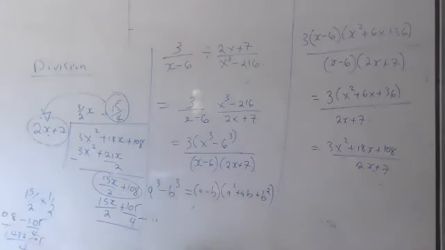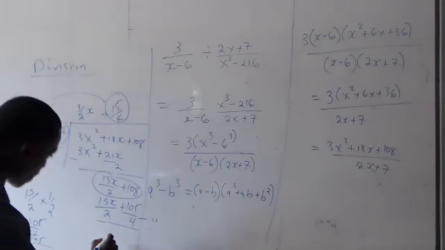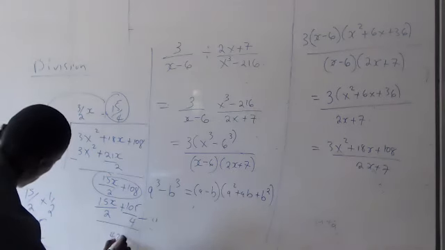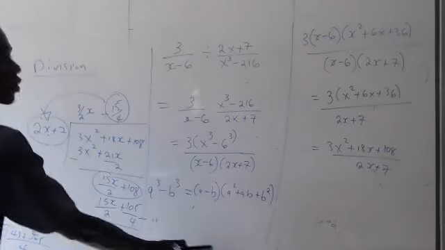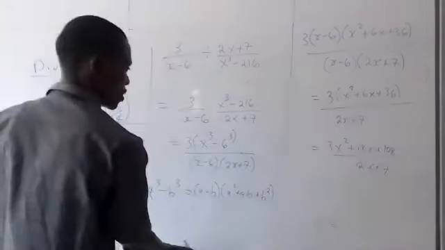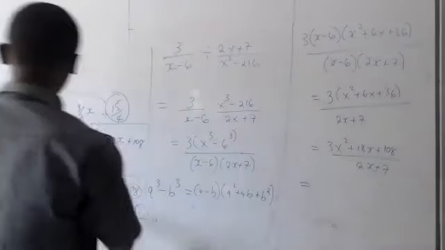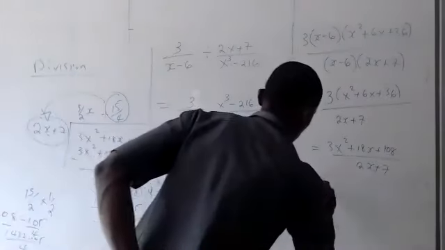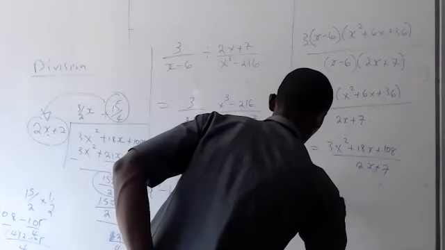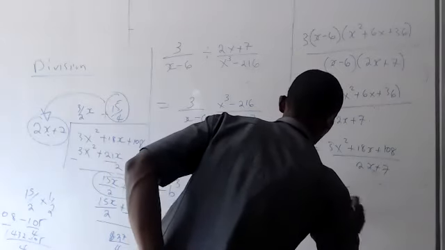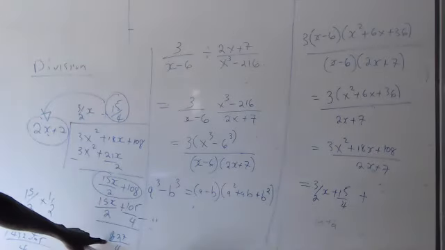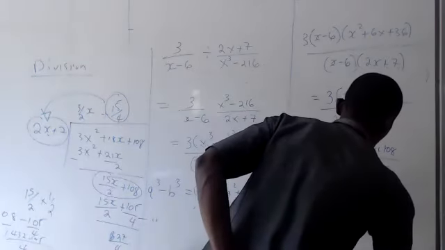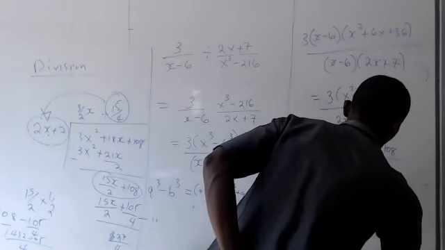Is it 427? 327. Yes, 327 divided by 4. So you could leave your answer like that, or you could have 3x plus 15/4 plus, so we are remaining with 327, so plus 327/4.